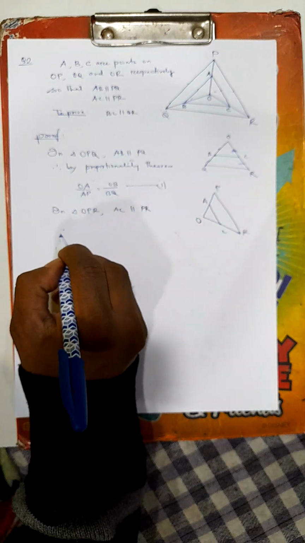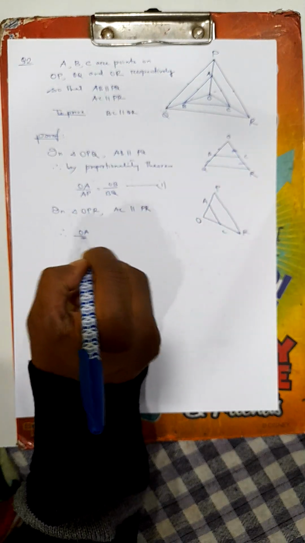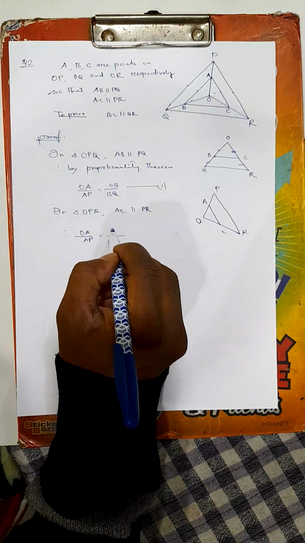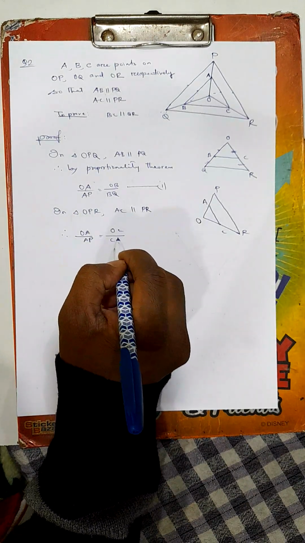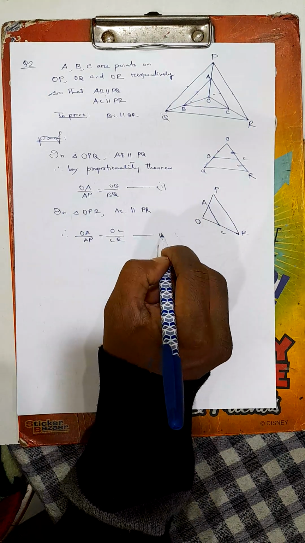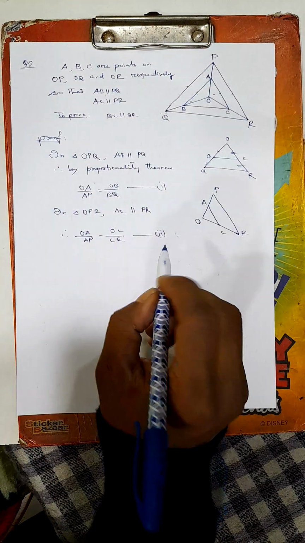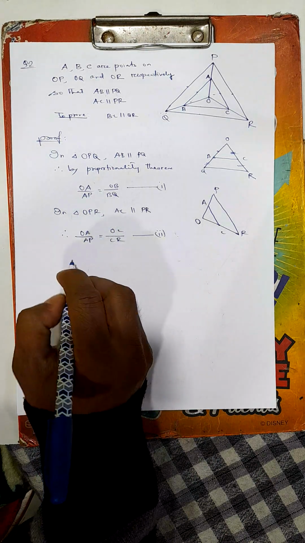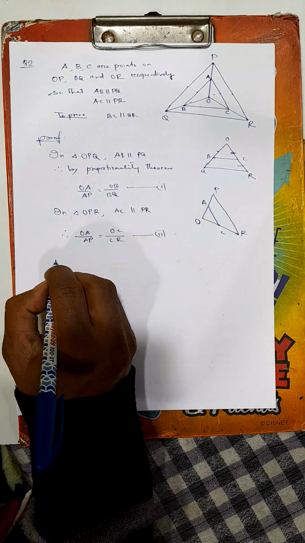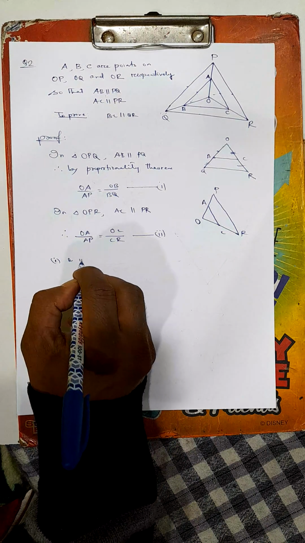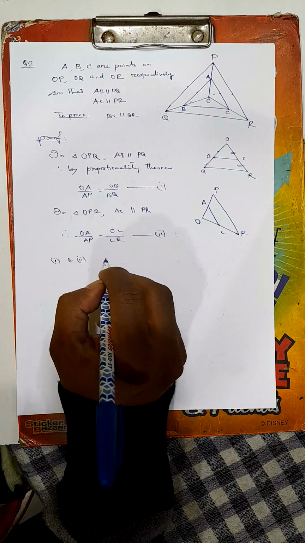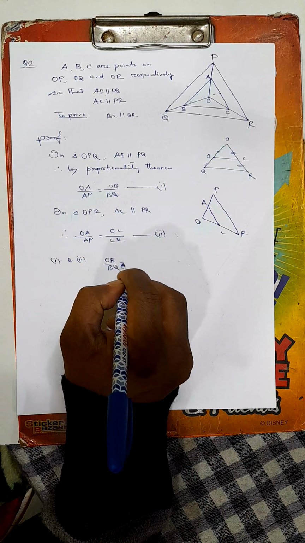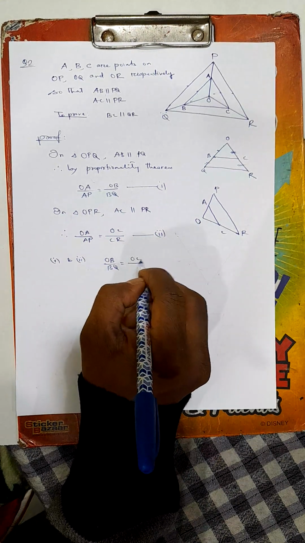Therefore, you can write OA by AP equals OC by CR. This is 2. Now from 1 and 2 you can see left hand sides are same, so you can compare the right hand sides. So from 1 and 2 you can conclude that OB by BQ equals OC by CR.